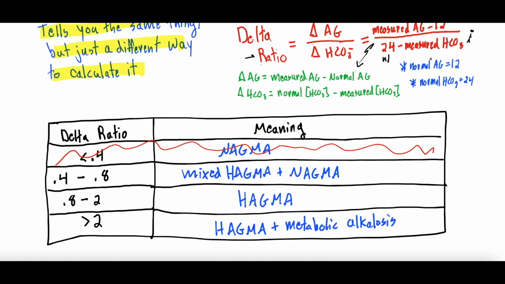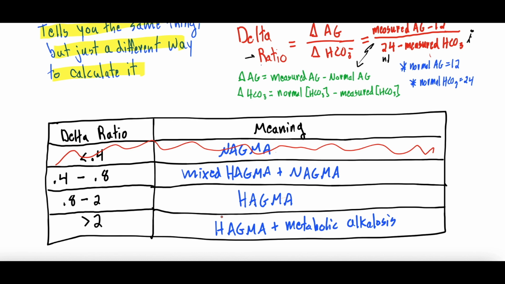And as we talked about in video 4, our last video, in non-anion gap metabolic acidosis, you lose bicarb, which makes this ratio lower. If the ratio is 0.8 to 2, it just means it's normal. Your anion gap and bicarb are where they should be for a high anion gap. If the ratio is high, it means you have more bicarb than you should, so you have a combined metabolic alkalosis with your high anion gap metabolic acidosis.